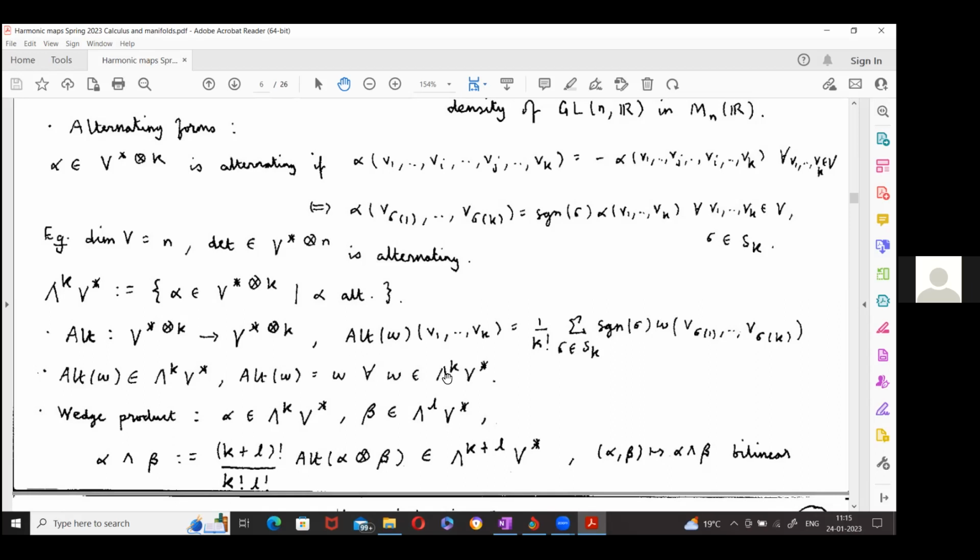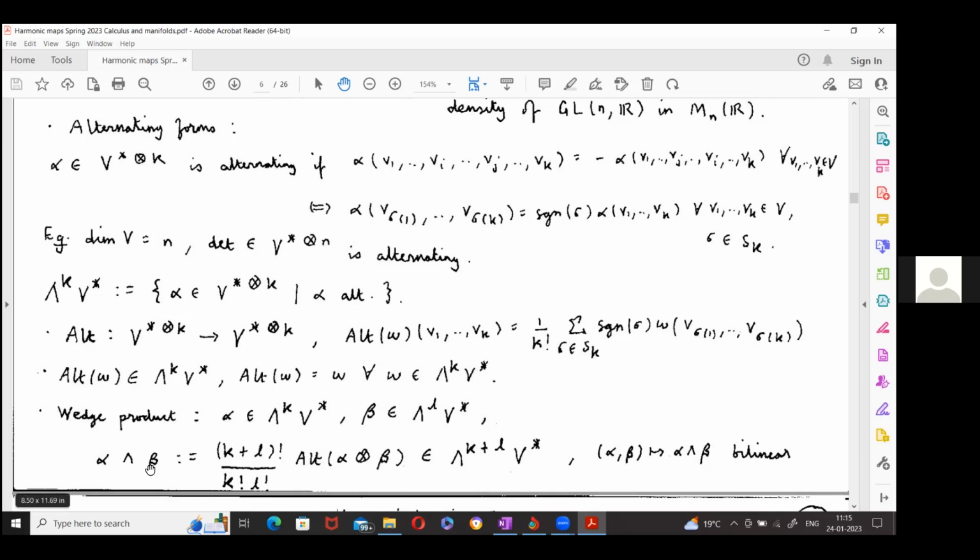Yes? Okay, so now we can define, using the alt map, a product on the space of alternating forms. So if I take an alternating K form alpha and an alternating L form beta, then we can form an alternating K plus L form, alpha wedge beta.